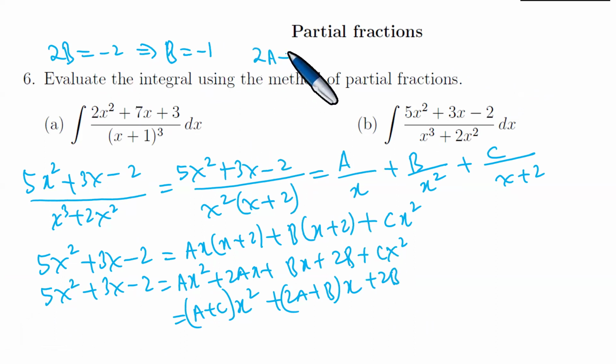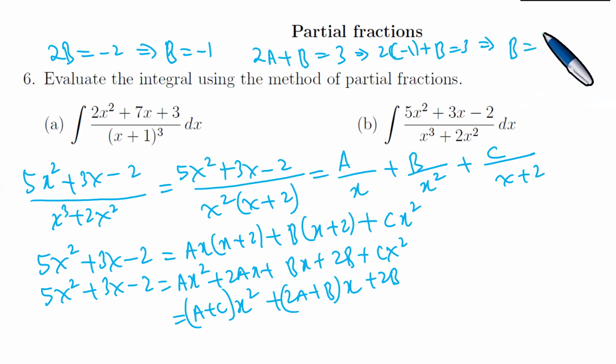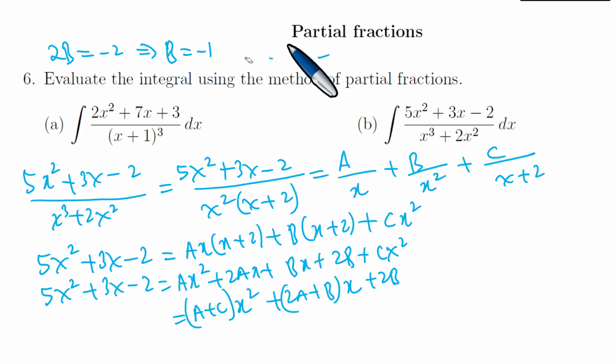Next, twice a plus b is equal to 3, because you're comparing the coefficient of x, 2a plus b, with the 3. And now b is minus 1.